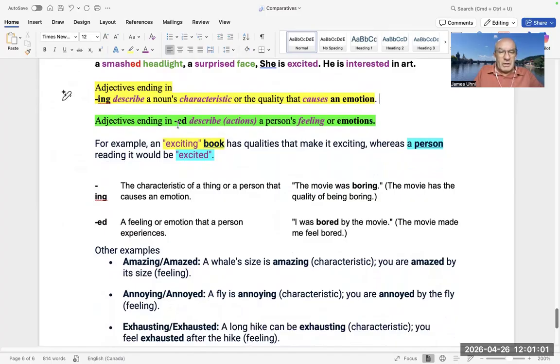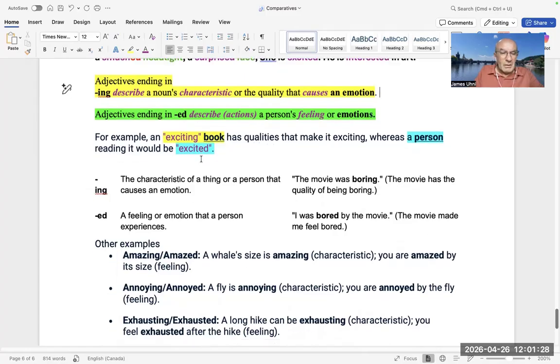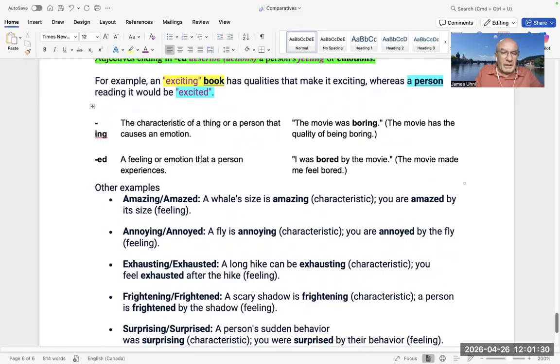So, adjectives ending in ed describe action. Adjectives ending in ing describe characteristic. For example, an exciting book has qualities that make it exciting, whereas a person reading it would be excited. So here we have again two examples.